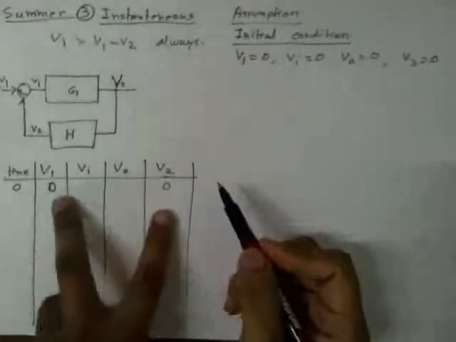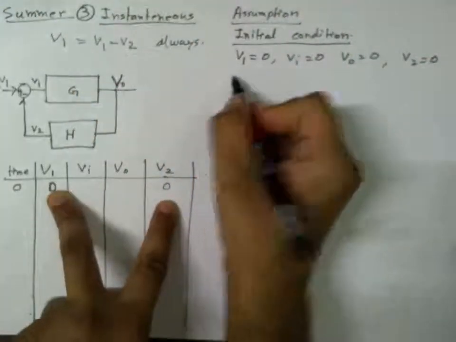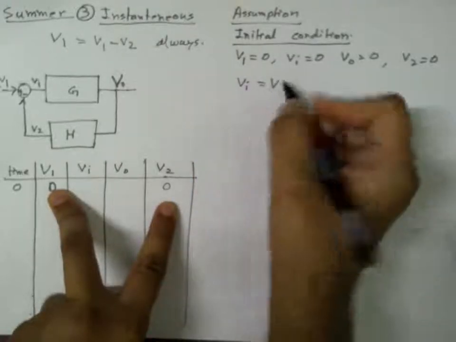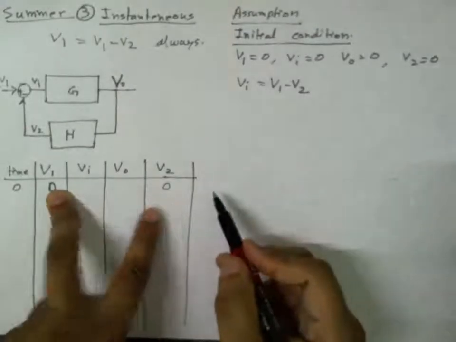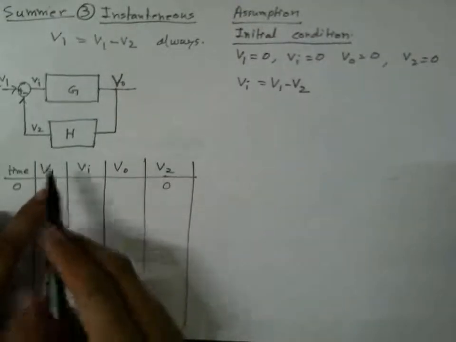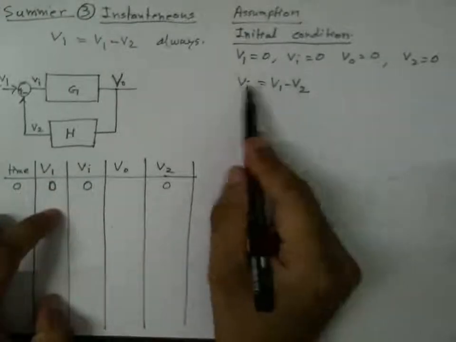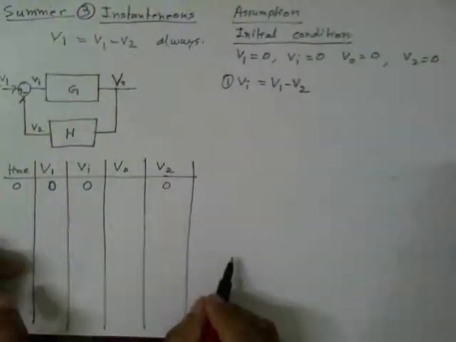So see these relationships that I must obey. Vi is equal to V1 minus V2. Then Vi should be equal to 0. This is obeyed. This is relation 1.